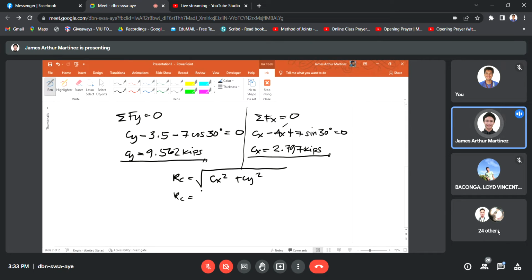RC therefore would be the square root of 2.797 squared plus 9.562 squared. RC would be equal to 9.962 kips.